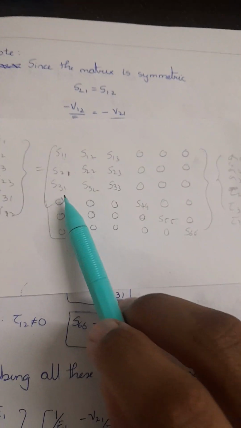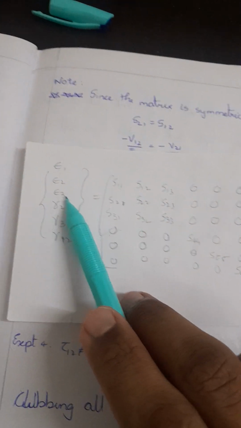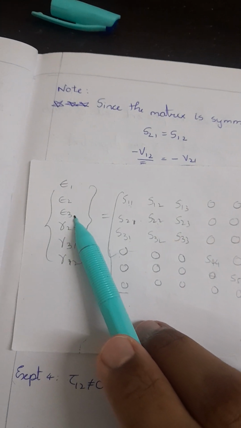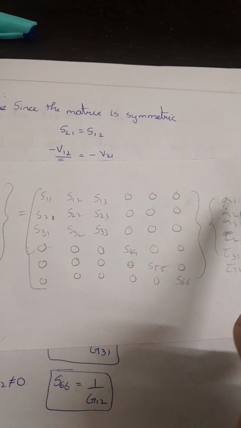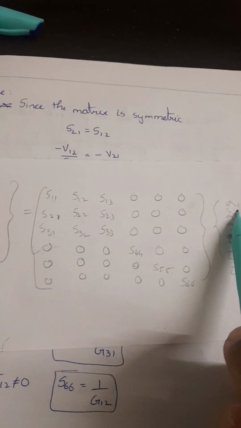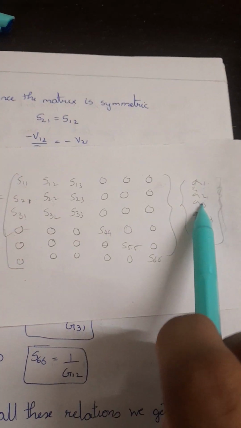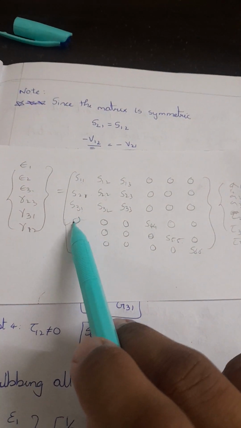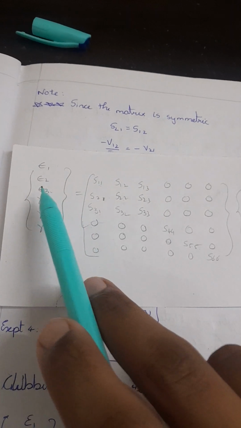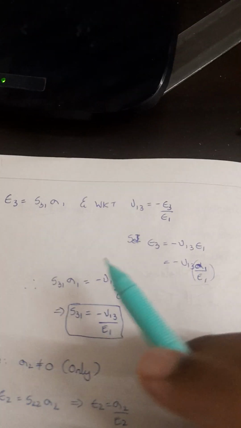Now in the third term, strain 3 would be S31 times sigma 1, and all the other terms would be 0. For the next terms we have nothing because all these are already 0, and this would be the last component.